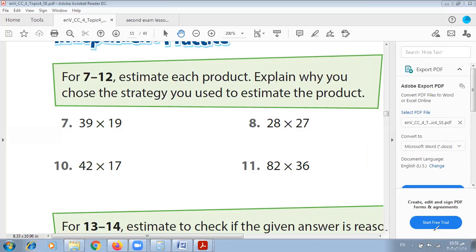Okay, so you will see something like this on the exam. I will tell you a question like: estimate 36 times 21. You need at first to round these two numbers.